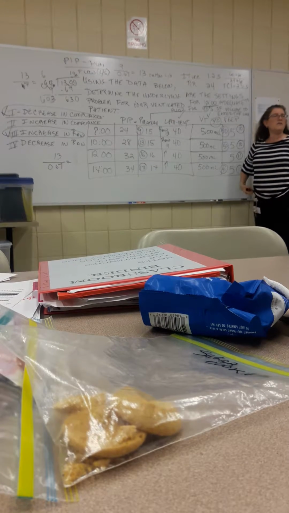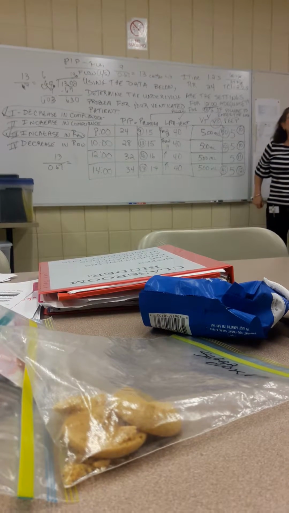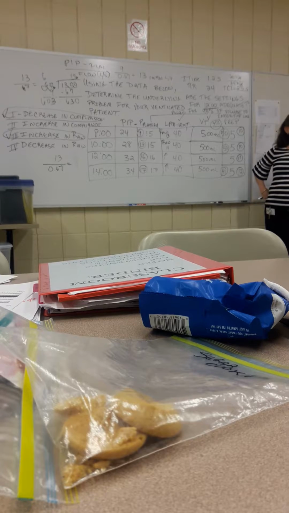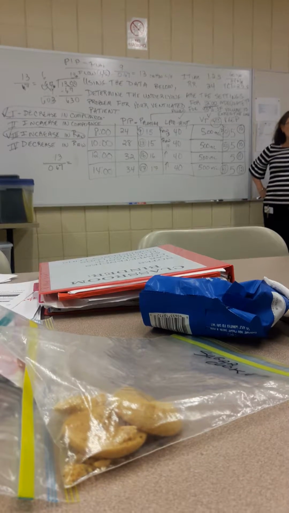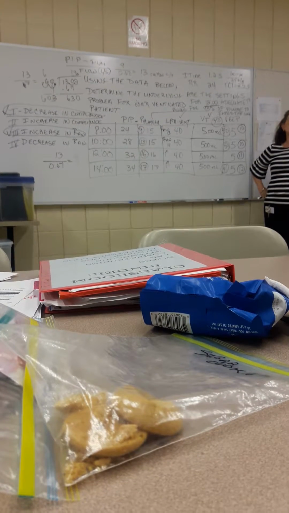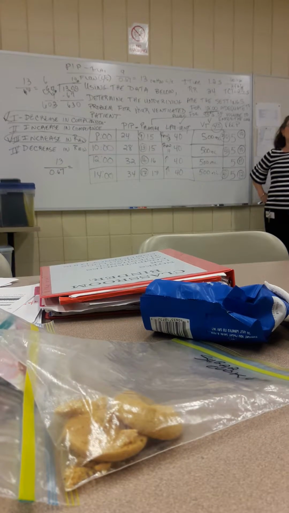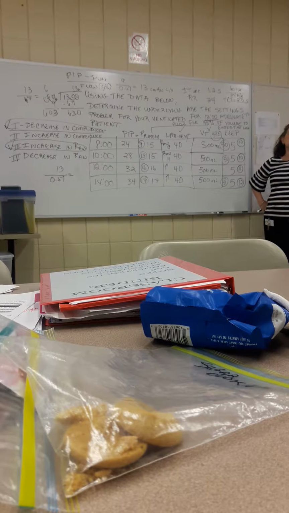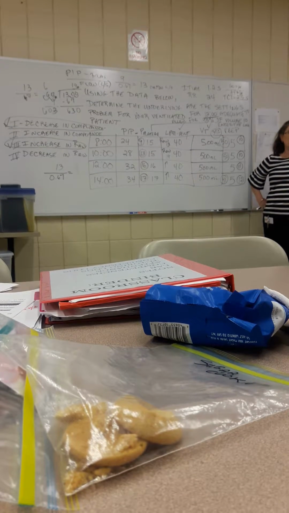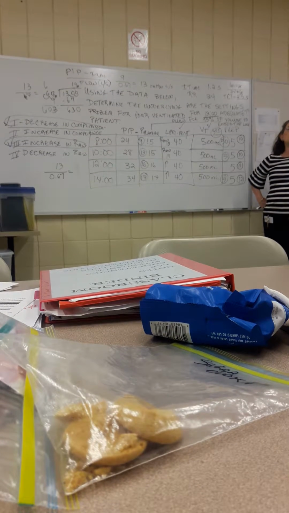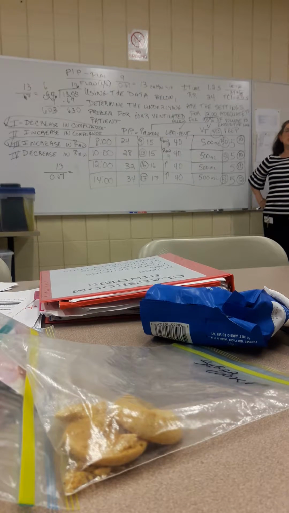If they said 100% of the volume to enter the lung, how many time constants is that? One time constant is only 63% of the volume. We're always looking for a minimum of 3, which is 95%.